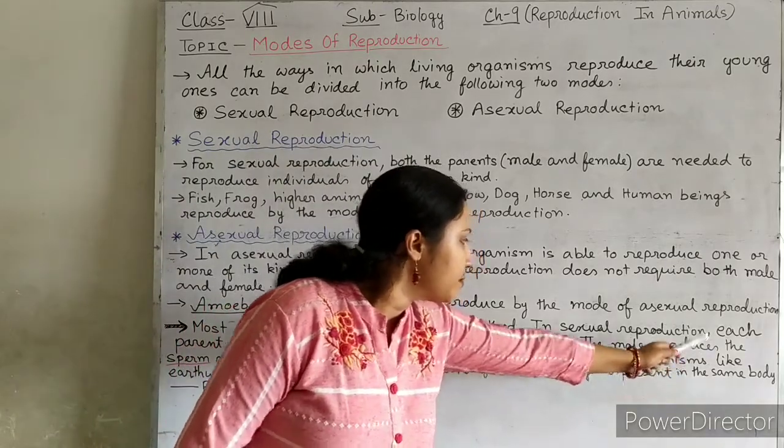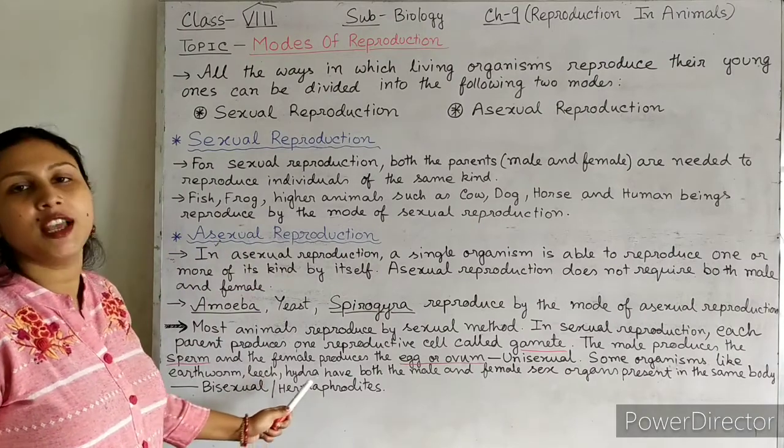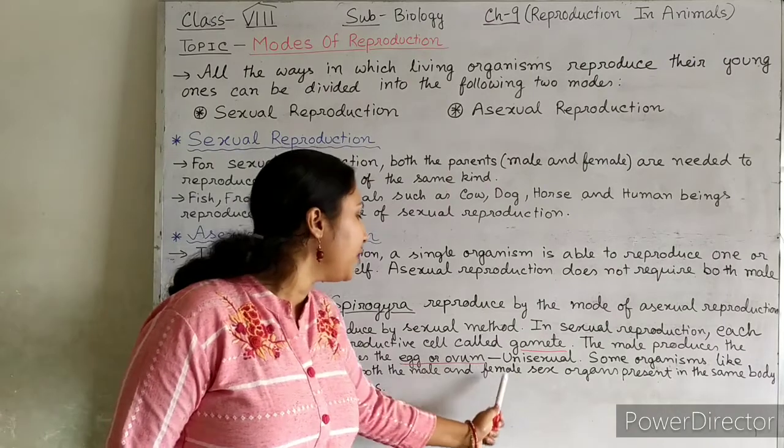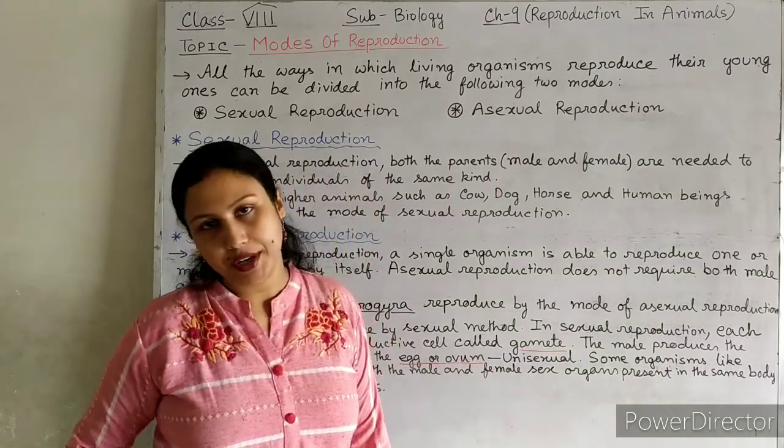Next, some organisms like earthworm, leech and hydra have both the male and female sex organs present in the same body.